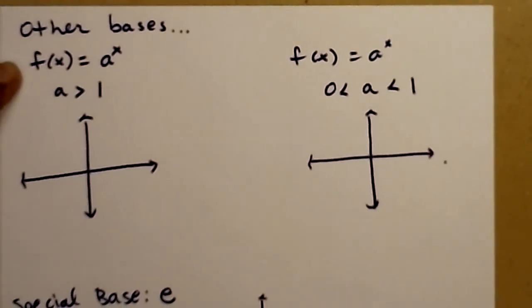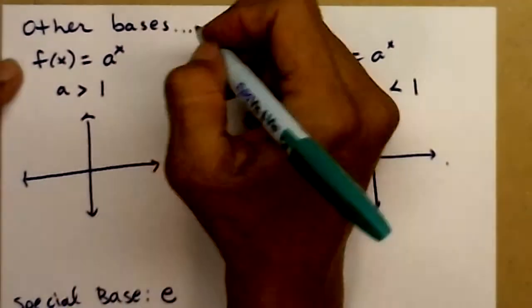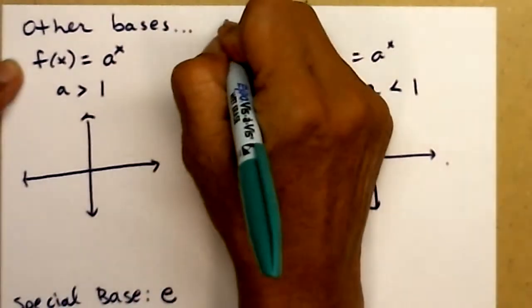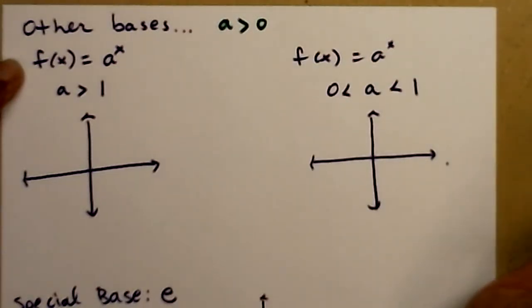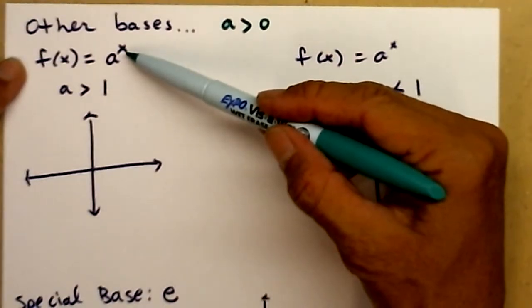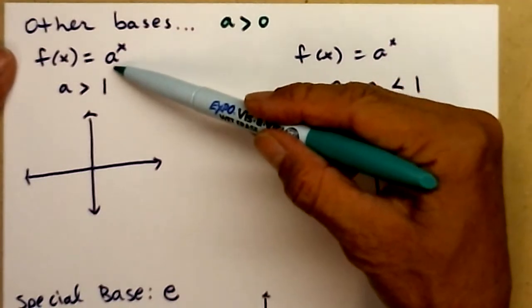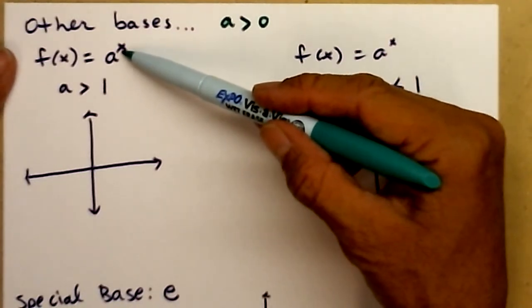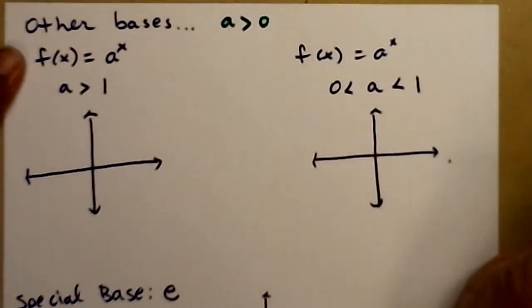for any other base, so I did base 2, but they could be a base of any number. Aha, hold on. It has to be greater than 0. Because think about it, if it was negative, it would change back and forth with even and odd integers. And then if it was a negative number and I had a 1/2 as x, then I'd be taking the square root of a negative number, and we can't do that either.